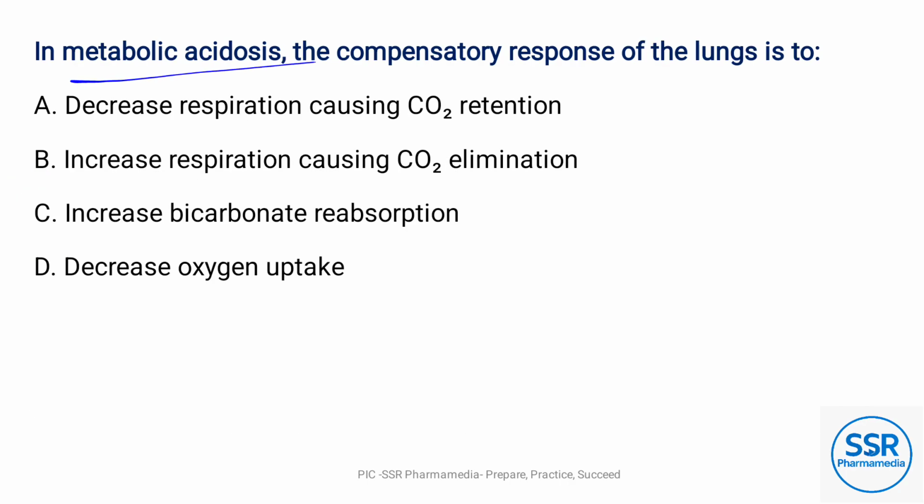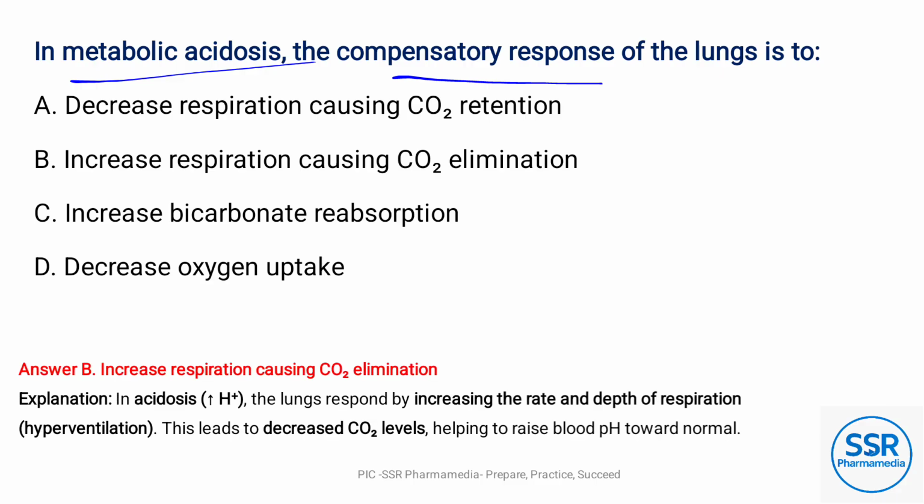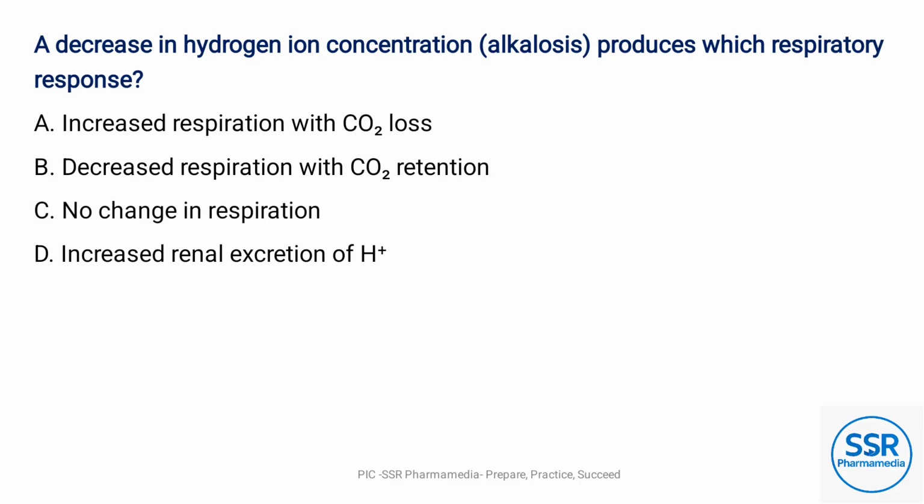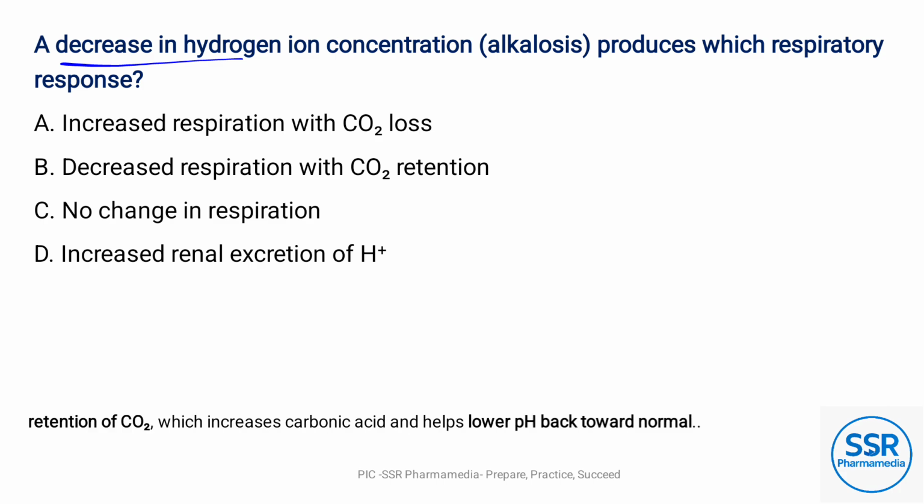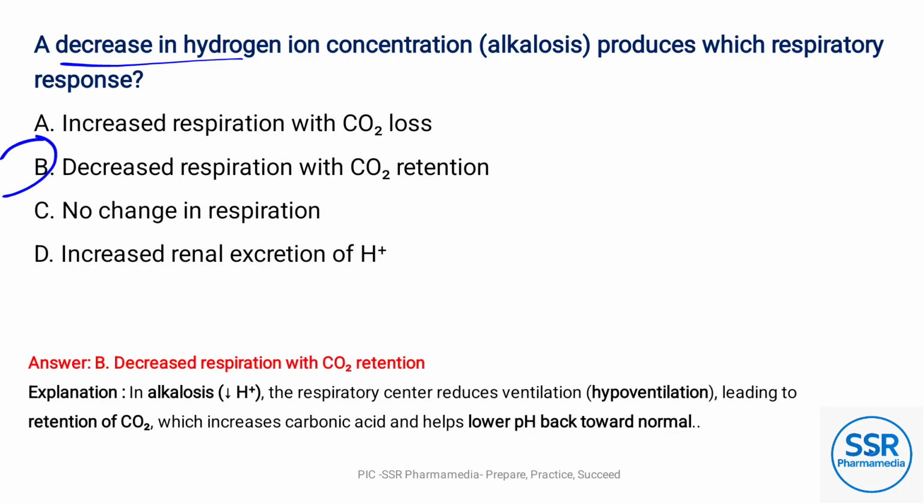In metabolic acidosis, the compensatory response of the lungs is to, option B, increase respiration causing carbon dioxide elimination. Decreasing hydrogen ion concentration produces which respiratory response? The answer is option B, decreased respiration with retention of carbon dioxide.